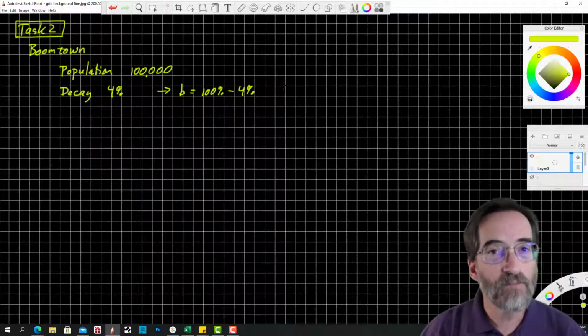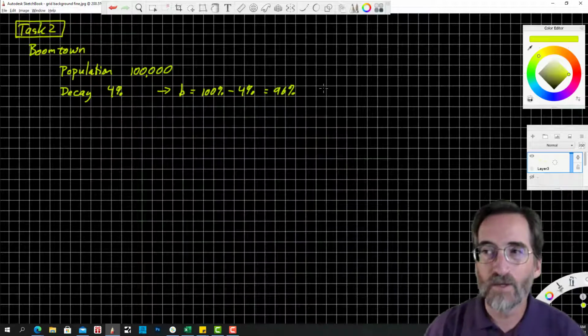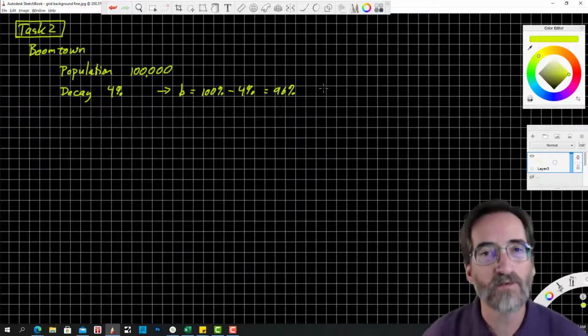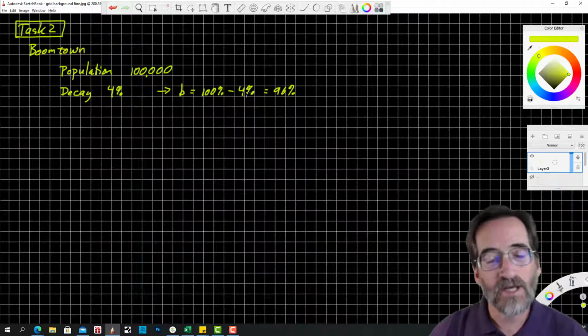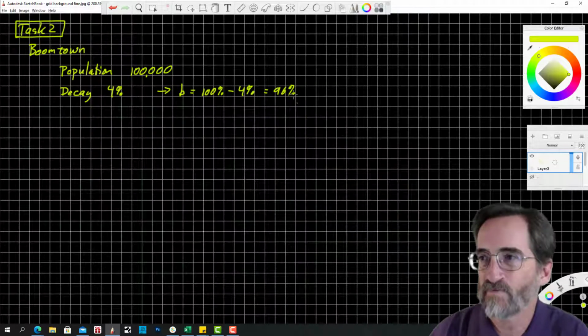What is 100% take away 4%? It's 96%. Now you're going to do the same calculation, but use a number other than 4%, maybe 5% or 3%, okay? So it's going to decrease by 4% every year. That means every year it's going to be 96% of what it was before.